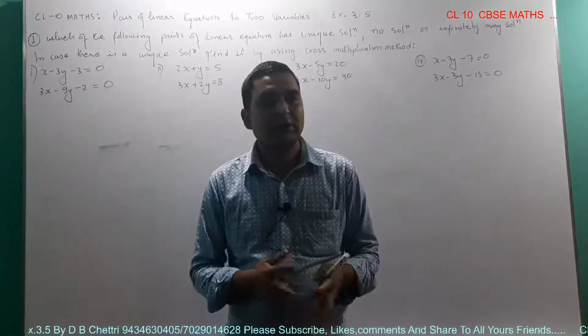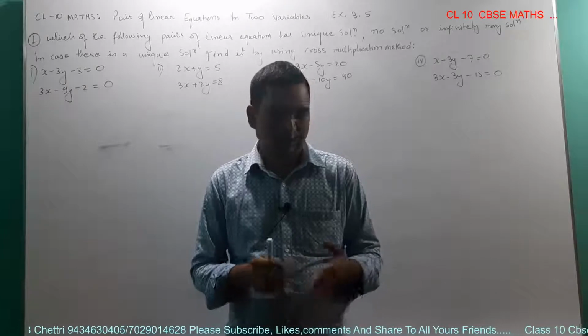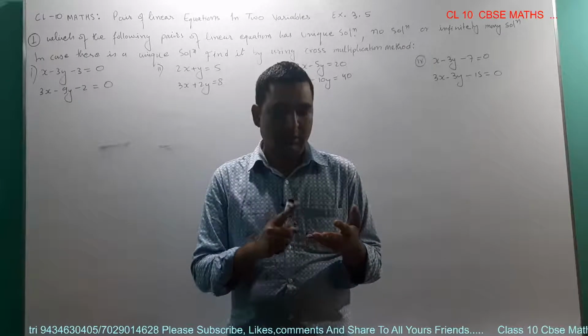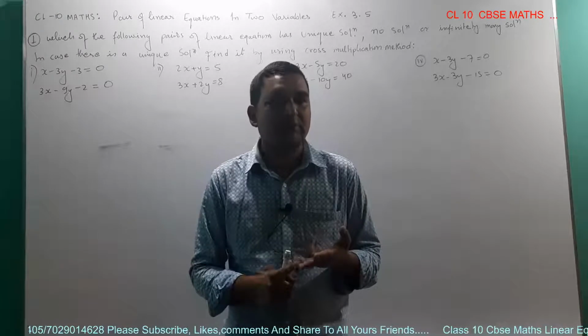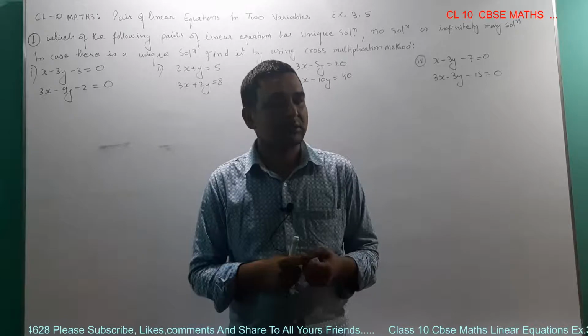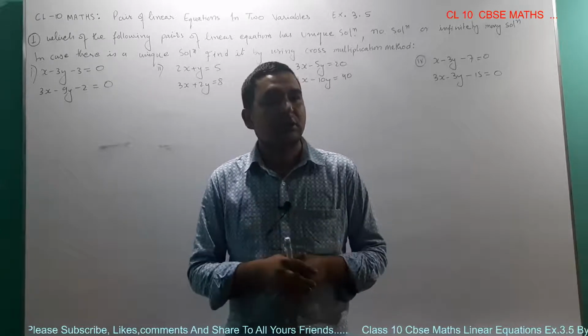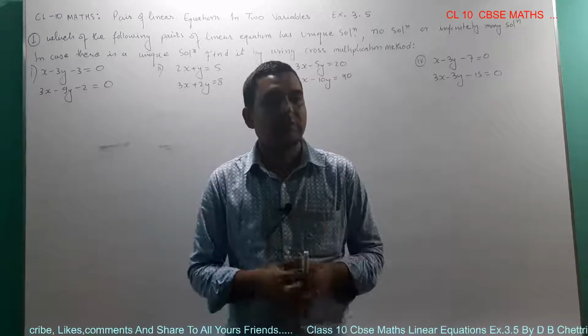Altogether there are four methods: graphical method, substitution method, elimination method, and cross multiplication method. And I like to use this method. This method gives the answers in 3-4 steps, and the answer of two variables will come together.